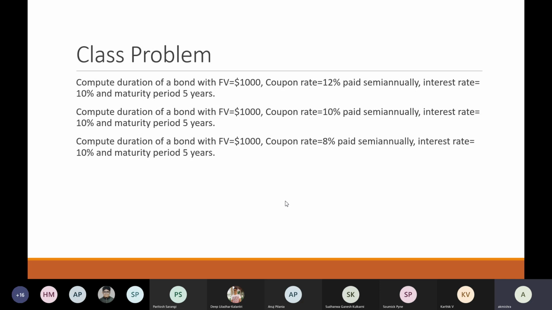Any one of you are able to do this problem? At least out of these three, anyone?